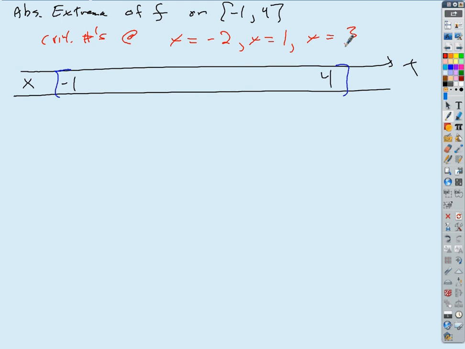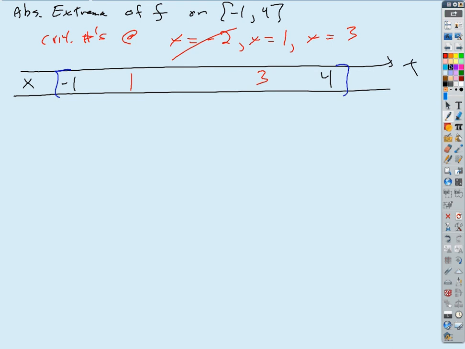What do I do? Well, -2 is not in my domain, so I don't care. But 1 is, so I'm going to put in a 1, spacing them out roughly where they should be. And there's 3. Would you agree that those 4 x values are the only candidates for absolute extrema?